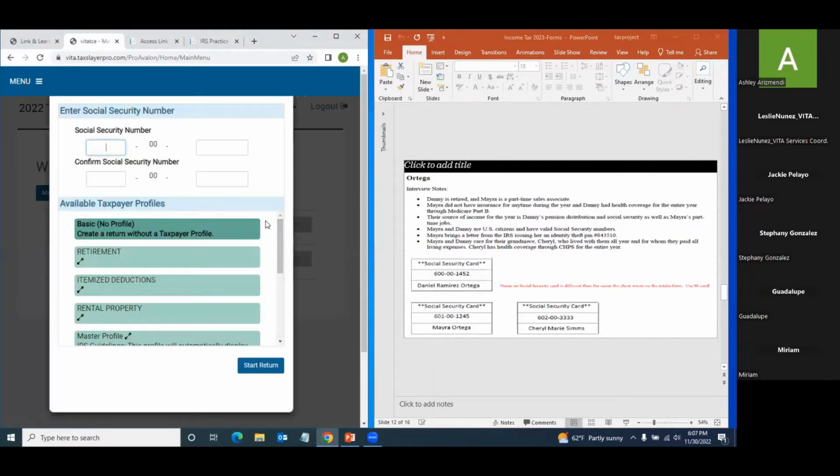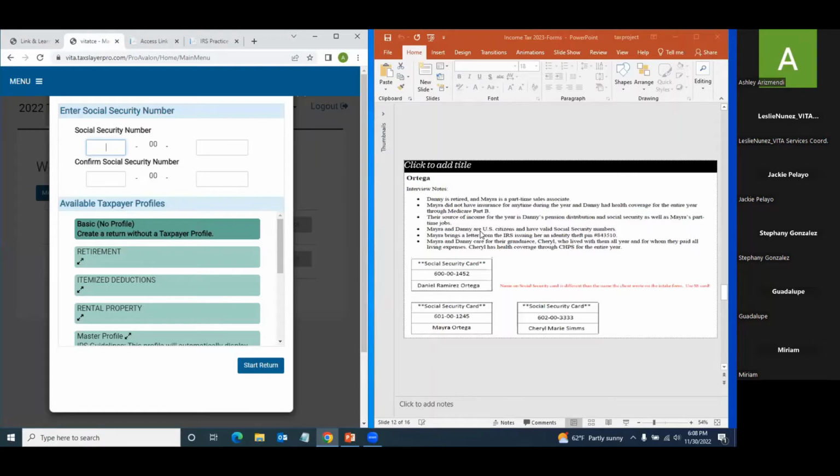Here, the head of the household is going to be Daniel Ramirez Ortega. Danny is retired and Myra is a part-time sales associate. Myra did not have insurance for any time during the year, and Danny had health coverage for the entire year through Medicaid Part B. Their source of income for the year is Danny's pension distribution and Social Security, as well as Myra's part-time jobs.